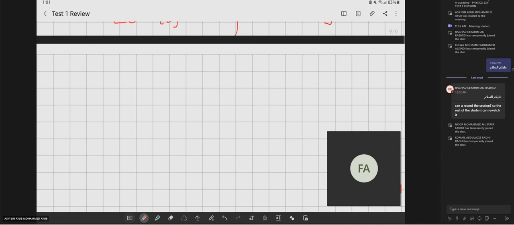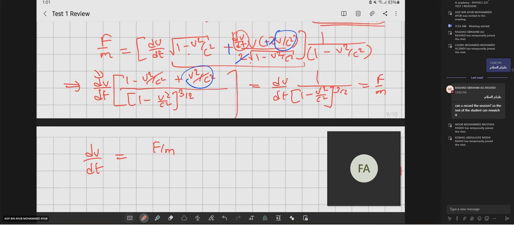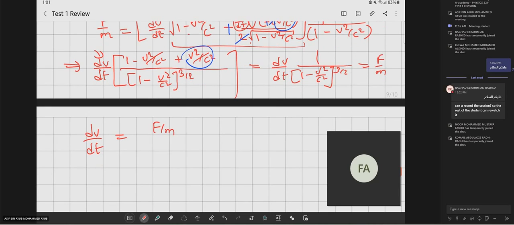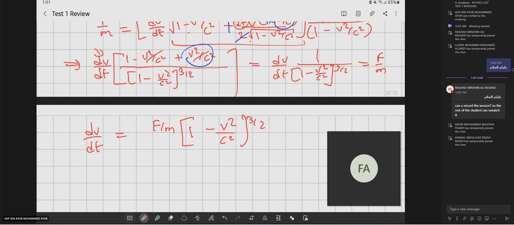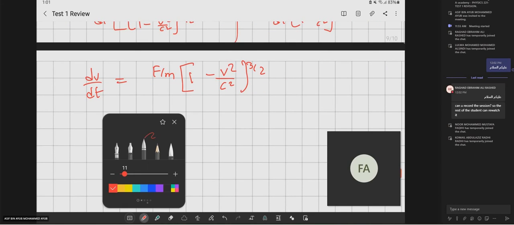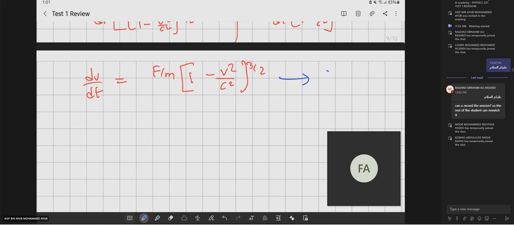So now I can express dv by dt as F over m times 1 minus v squared over c squared raised to 3/2. Now, if you classify this differential equation, this is of the separable kind.